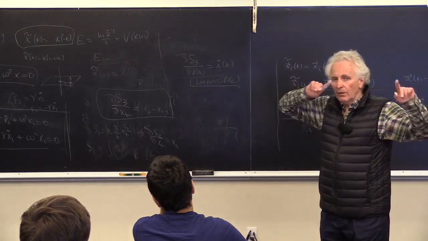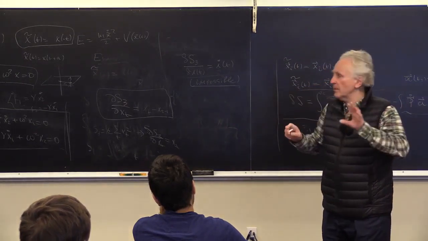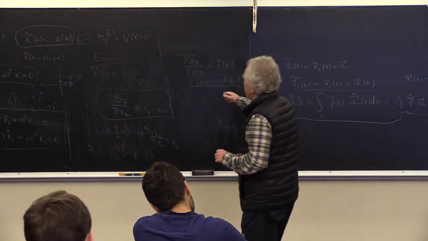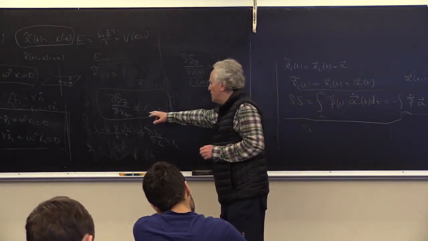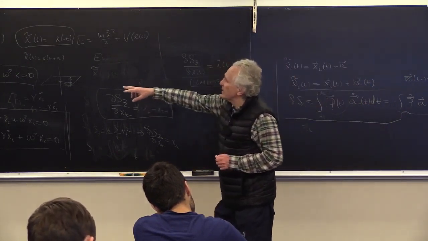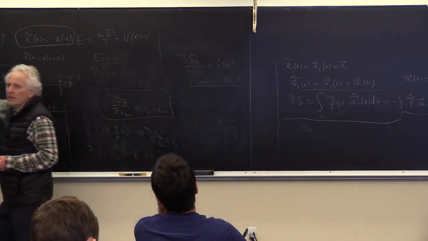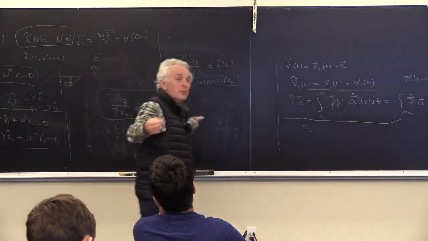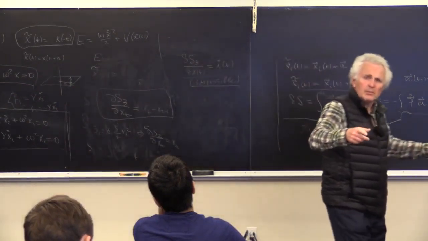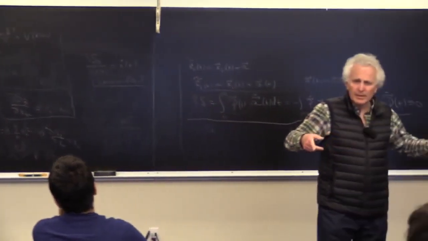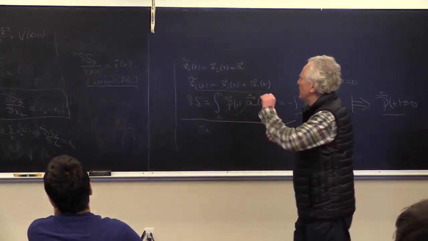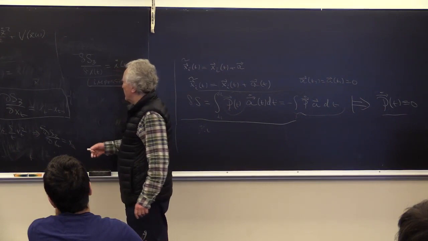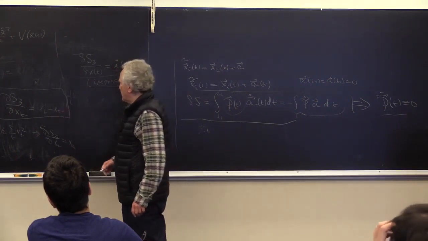Let's be far from the boundary. Let's forget about the boundary. But indeed, if you try to solve this, you will get something which depends on the boundary. If you try to solve this, you cannot.